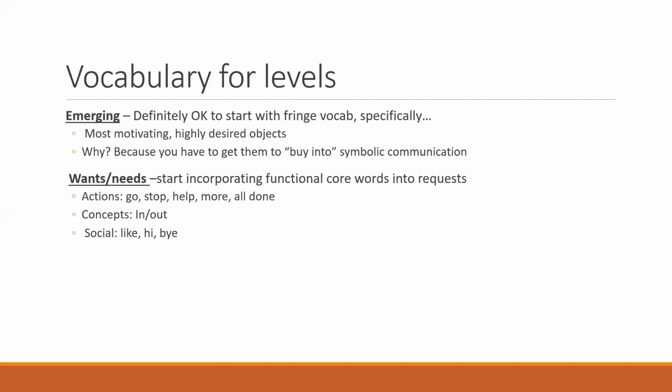With a wants and needs communicator, we can graduate and transition from that goldfish cracker Oreo to now something that is more of a core word, like snack or food or eat. So this is where we really start incorporating functional core words into requests.